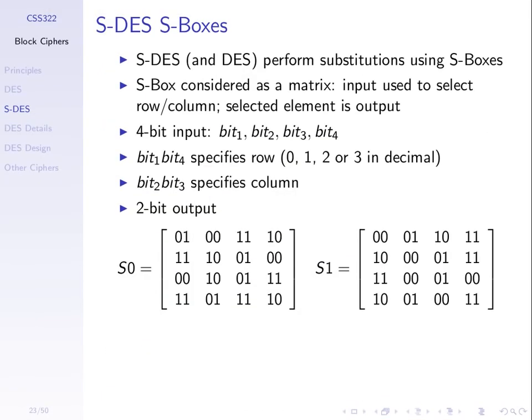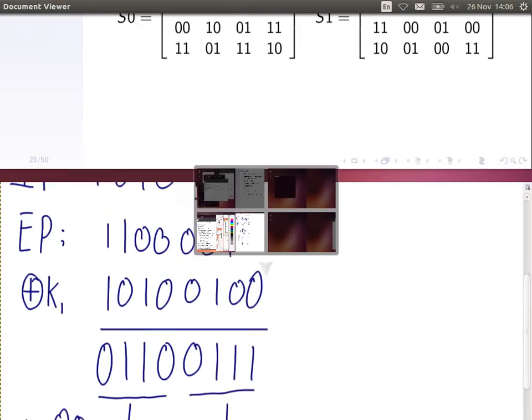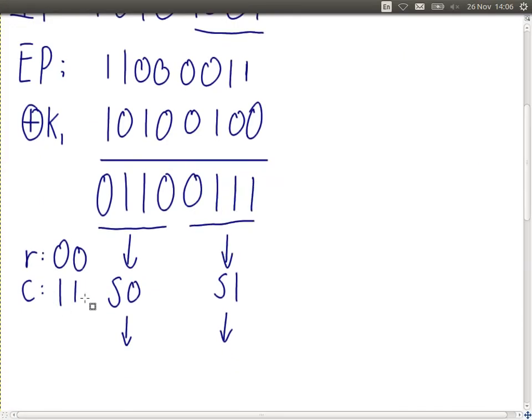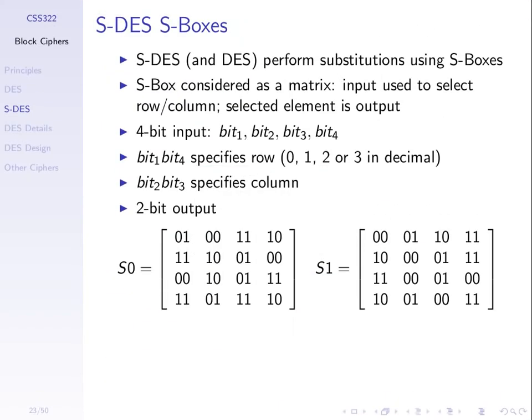Let's go back. Bits 1 and 4 specify the row, 2 and 3 specify the column. So row 0, 0, column 1, 1, or in decimal, row 0, column 3. Look up your S box. Row 0, the first row, column 3, the last column, output 1, 0. Okay, so it's just a lookup on that defined substitution box. So the output for S0 will be 1, 0.